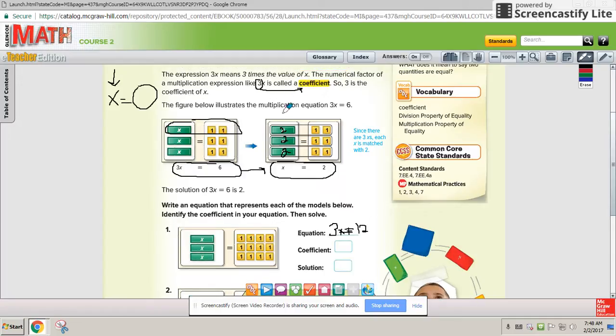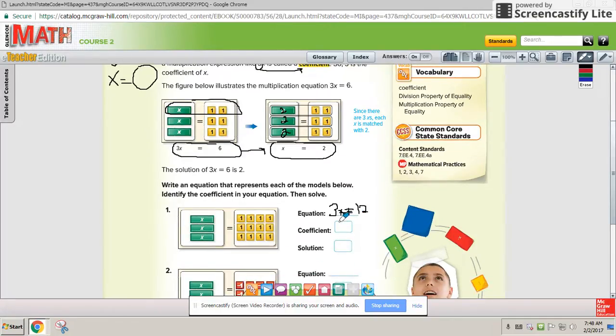Well, our coefficient is the number in front of the variable, so our coefficient is 3. So we have to figure out what one of these x's is equal to. So we have to divide this into 3 parts. So when we do that, divide it into 3 parts, one of those parts is x equals 4. So our solution is x equals 4.